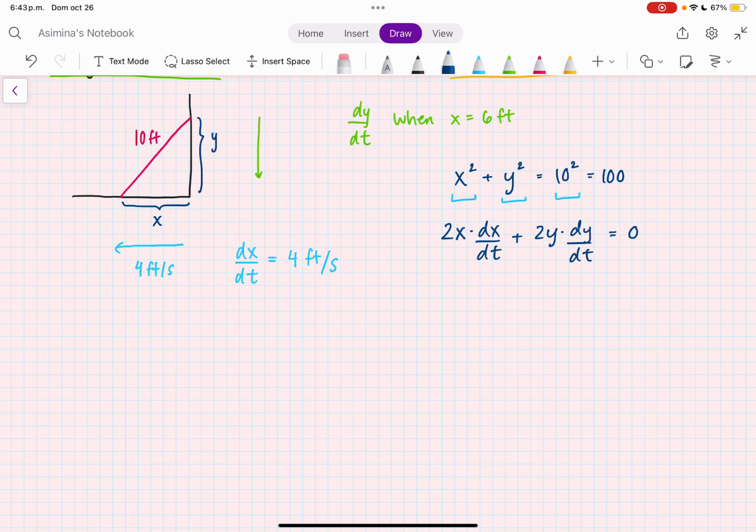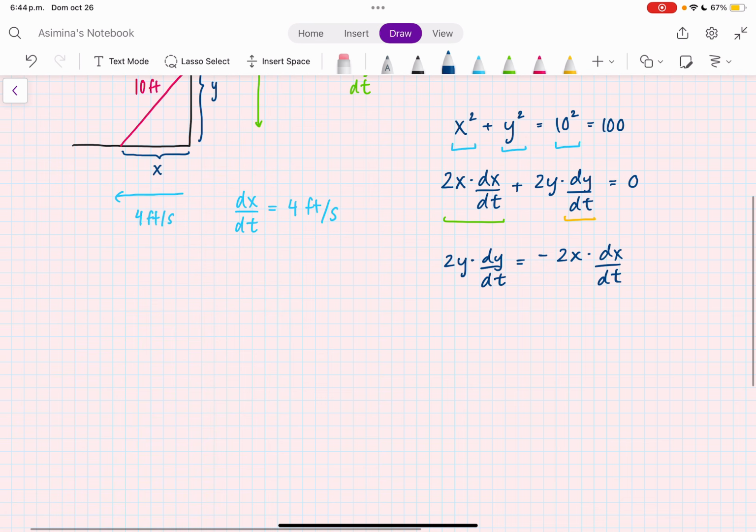Okay, now I want to try to isolate dy/dt since that's what I'm solving for. So first, let me subtract this from both sides. So I have 2y times dy/dt equals minus 2x times dx/dt. Now I can divide both sides by 2y.